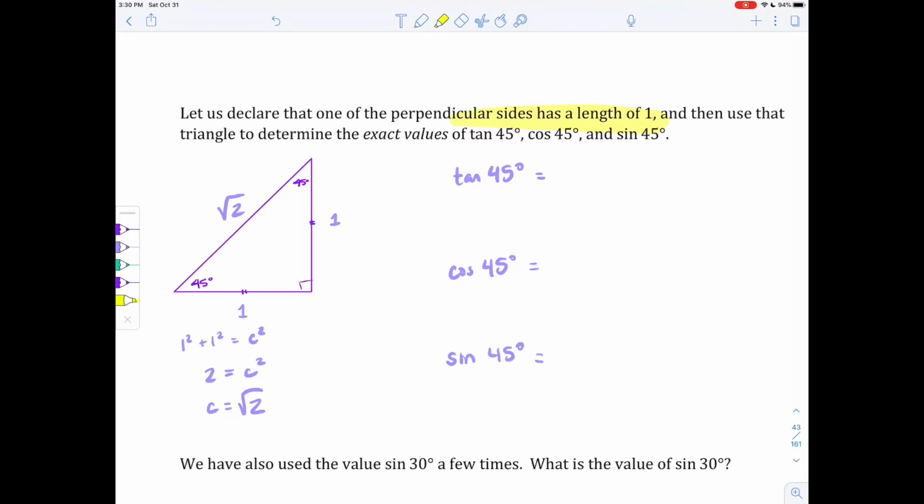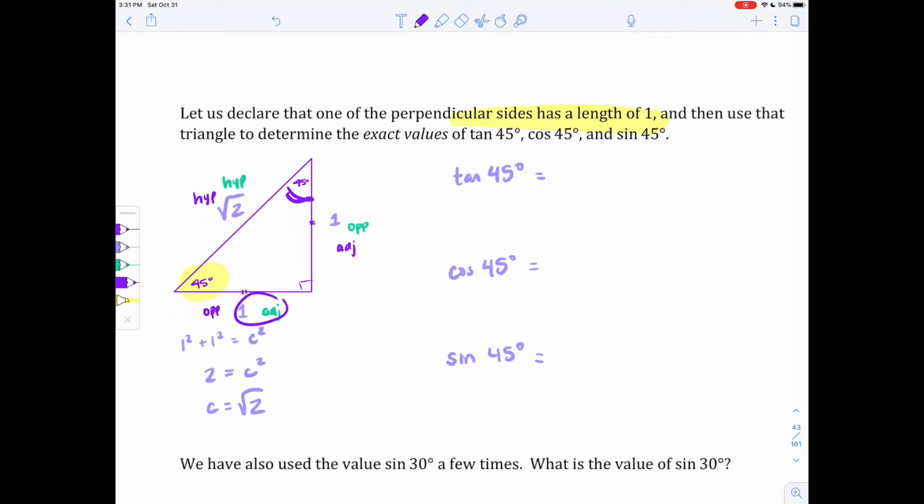Looking at this, it doesn't matter which 45-degree angle you choose, you will get the same result. If we're looking at this guy here, this one would be my opposite, this other one would be my adjacent, and this root 2 would be my hypotenuse. If I looked at it from the other perspective, this would be my opposite, this would be my adjacent, and this would be my hypotenuse.